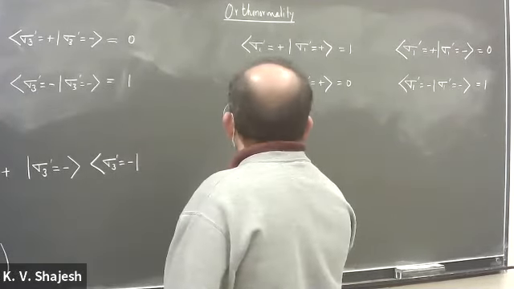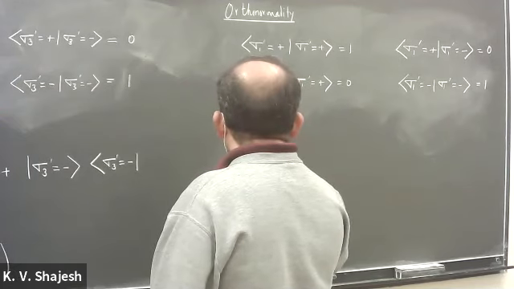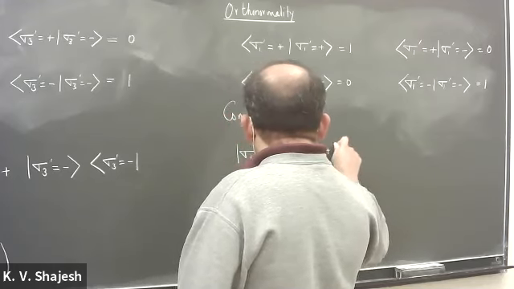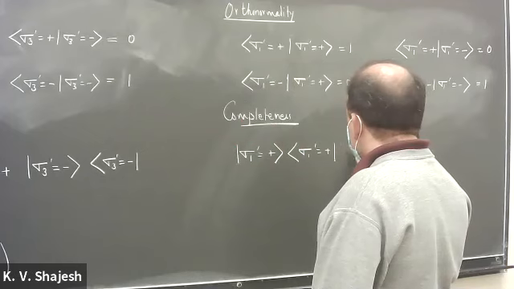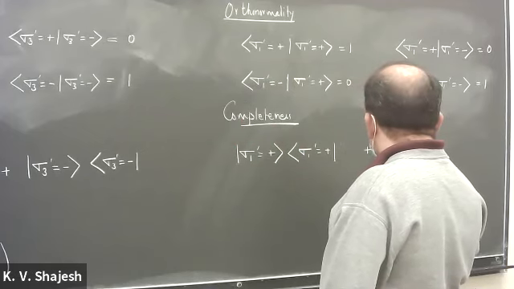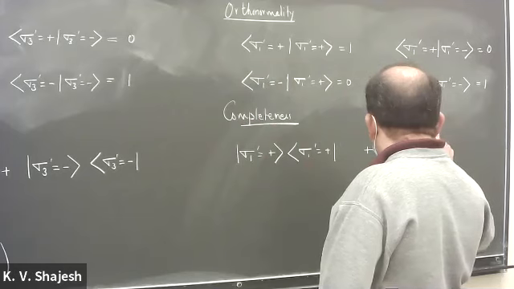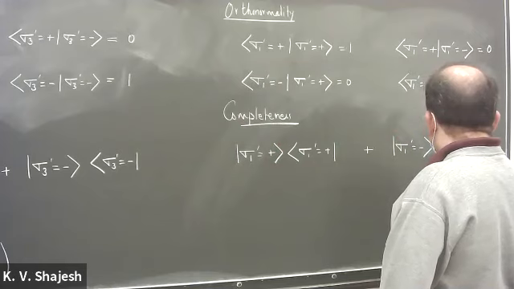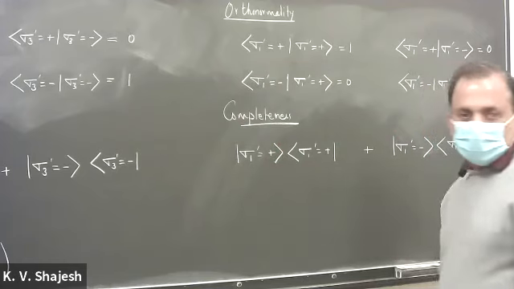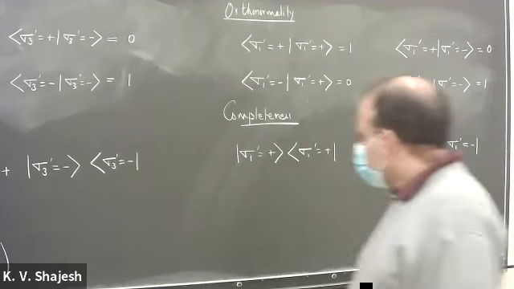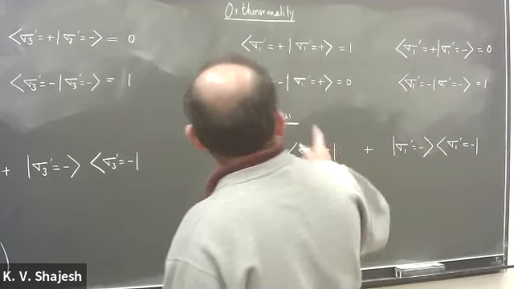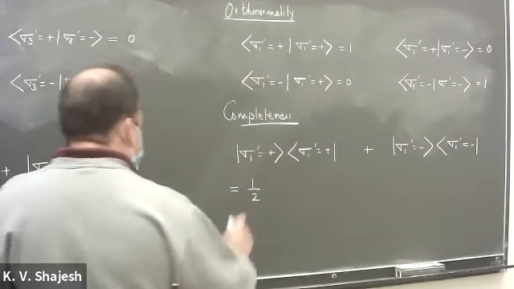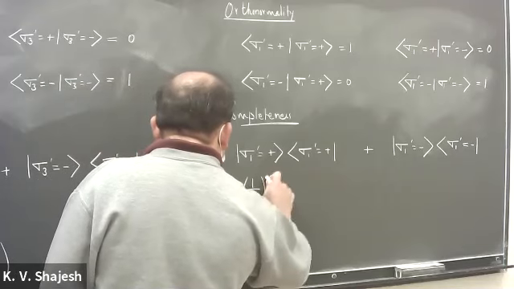So it is this time sigma 1 prime plus, that's equal to, both have a 1 over root 2, so I put 1 over root 2 squared in the front if you want.